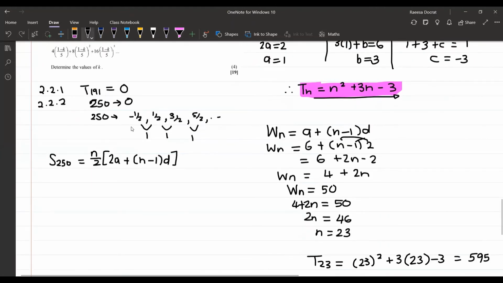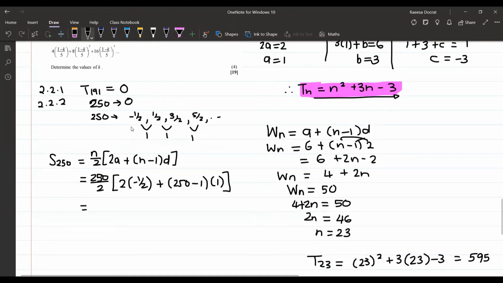Our n is 250. We want the first 250 terms. Our first term is minus a half, plus 250 minus 1 times our difference, which is 1.